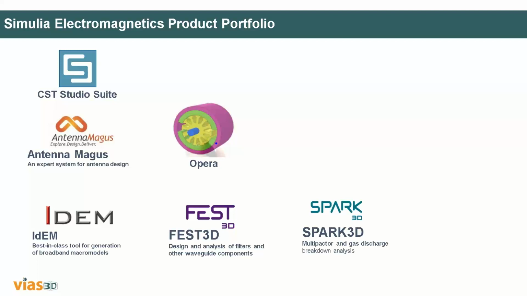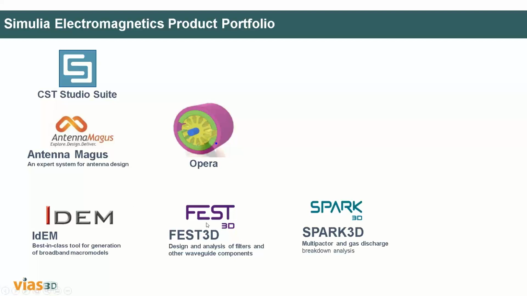Antenna Magus can also be used for the design of radomes for different kinds of antennas, or for the synthesis of antenna arrays. So that is one of the important tools, and it is given to all the academic institutions as well. Opera, on the other hand, is a low frequency electromagnetics tool which can be used dedicatedly for applications like motor design and other low frequency things.